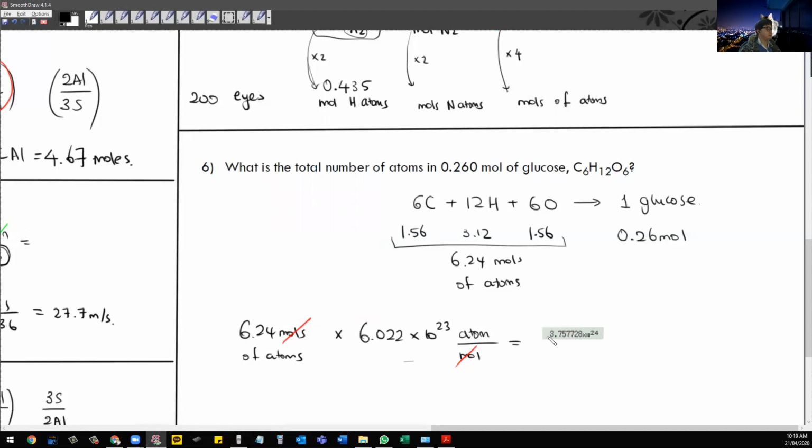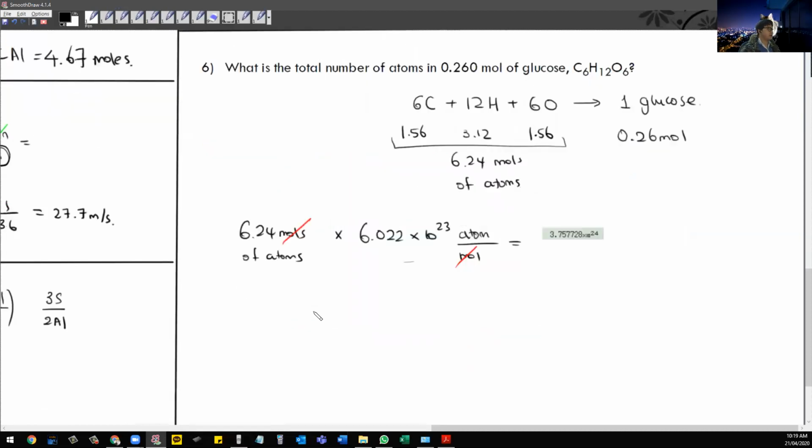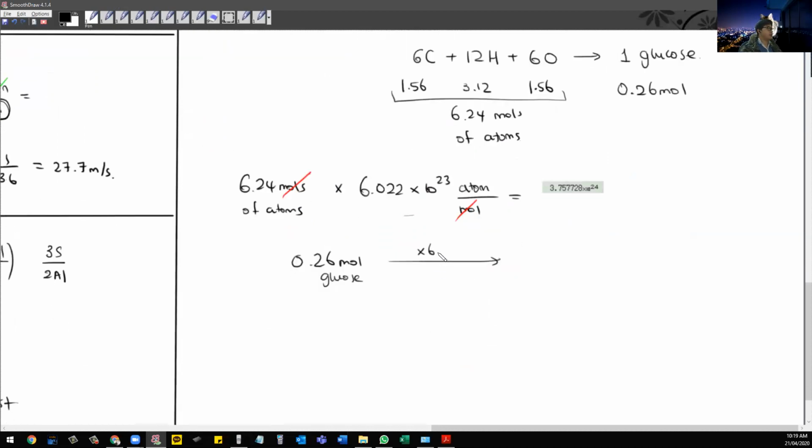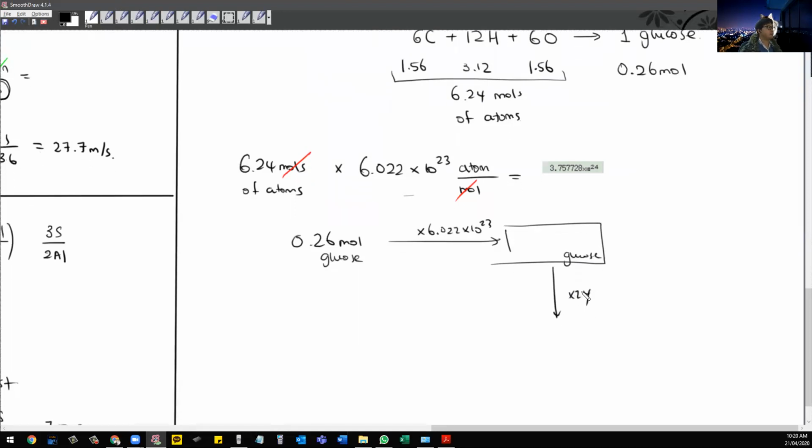Well, we also went through this. You have 0.26 mole. That gives you moles of glucose. You can first work out, you can times it by 6.022 times 10 to the power of 23. Then you get the number of glucose. And then you times by 24, because there are 24 atoms inside of glucose, right?